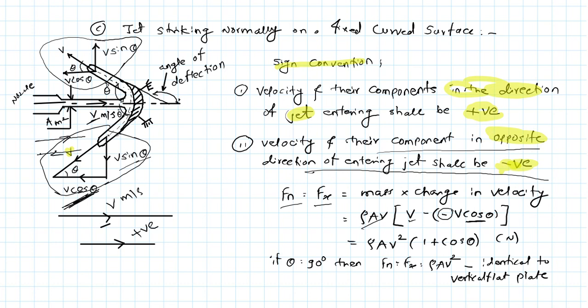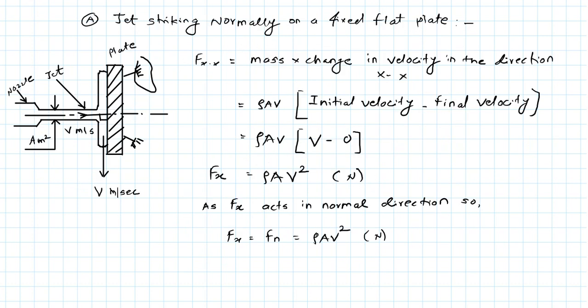This will be the force exerted in the normal direction, or x direction. If we put theta equal to 90 degrees, cos 90 is 0, so we get rho a v square, which is exactly similar to our case of a flat vertical plate.